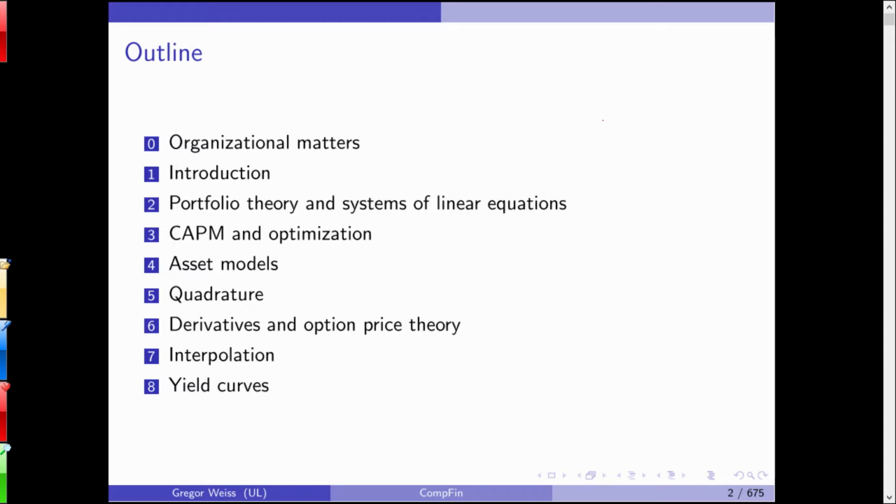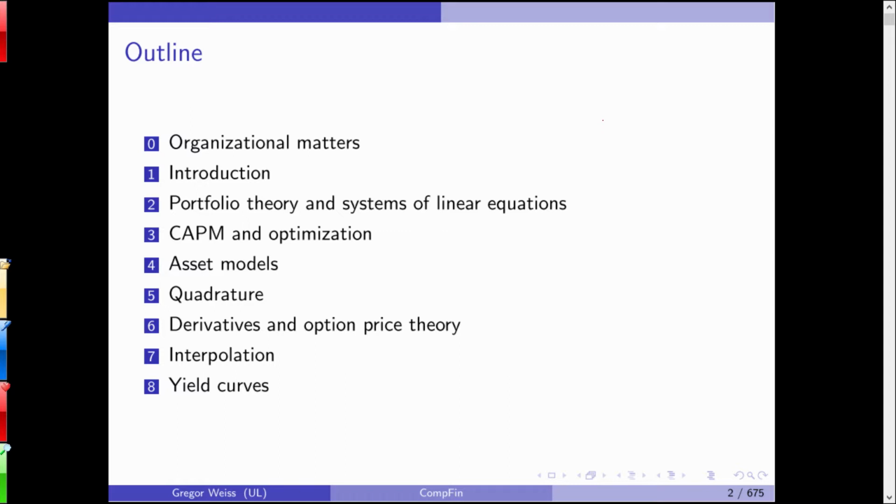We'll turn to portfolio theory and systems of linear equations later on, and talk about the capital asset pricing model, a little bit about optimization, then a lot about portfolio optimization as one field where we actually need methods from optimization, computer science and mathematics to solve for a supposedly optimal portfolio composition.